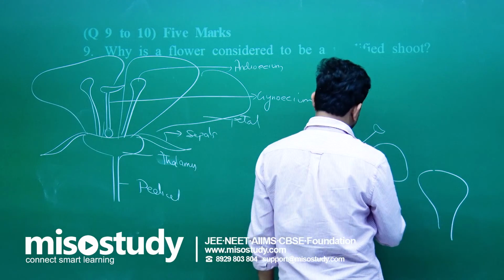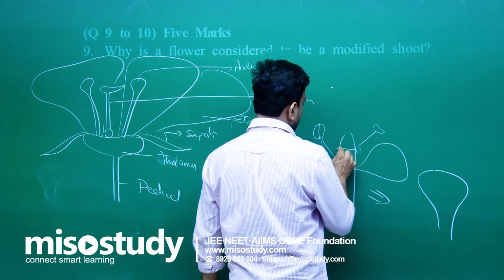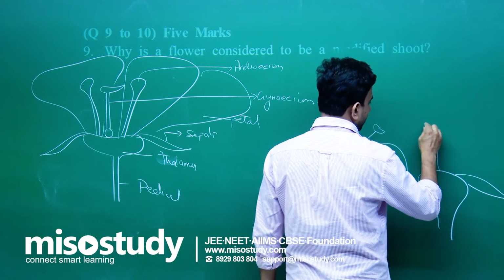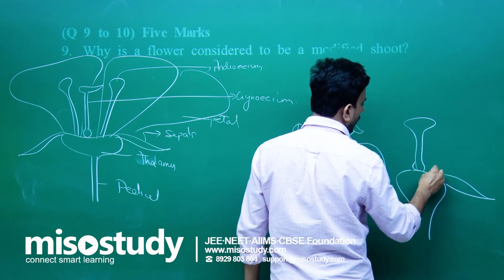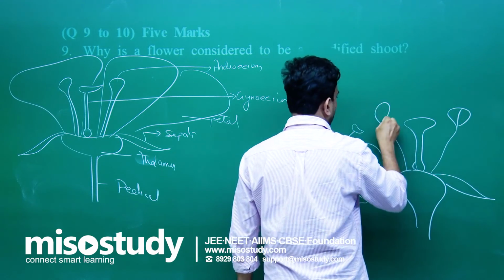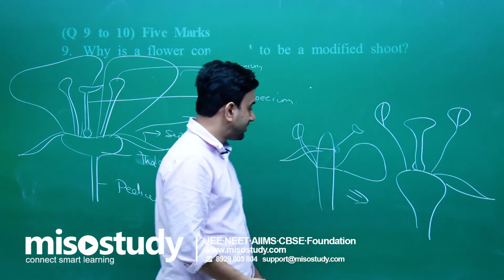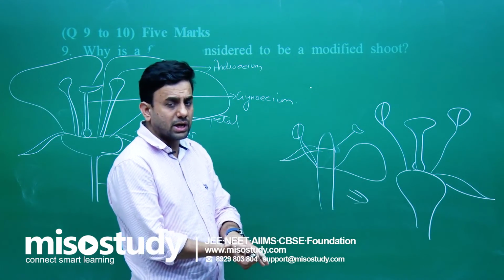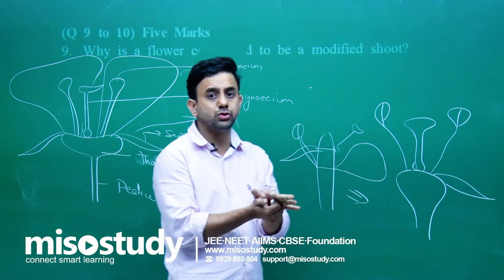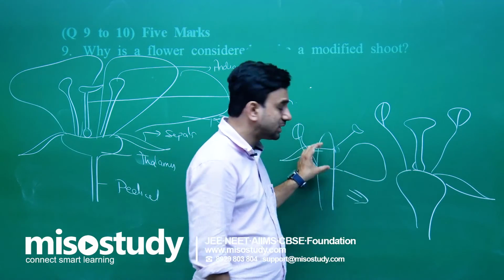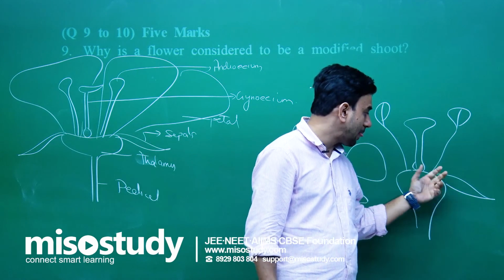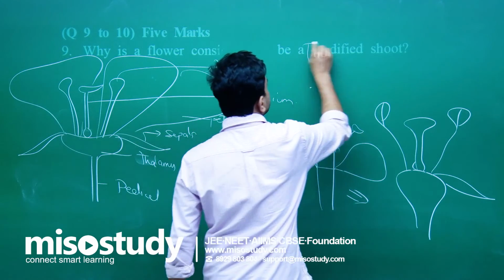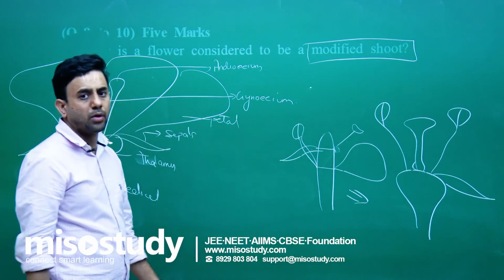This sepal will come here, these will come here, and so on. That is why we say that the flower is a modified shoot: if you compress the shoot, then the top part will become broad and thick, called the thalamus or the receptacle, and on the top will be all the four floral whorls.